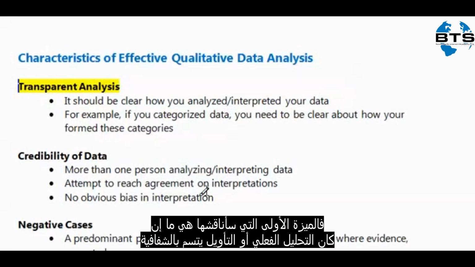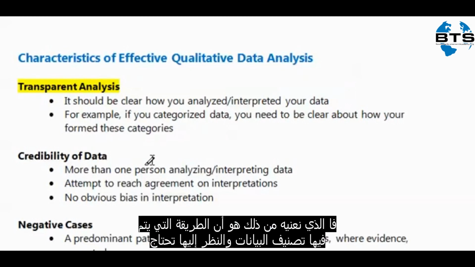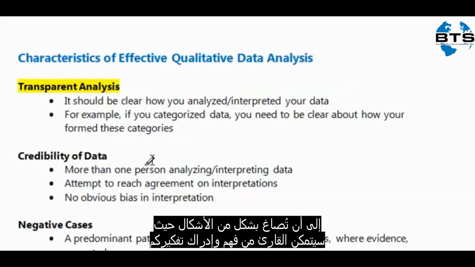So the first feature I'm going to discuss is whether the actual analysis or interpretation is transparent. What I mean by that is the way you actually categorized or looked at the data needs to be articulated in some way so that the reader understands your thinking.